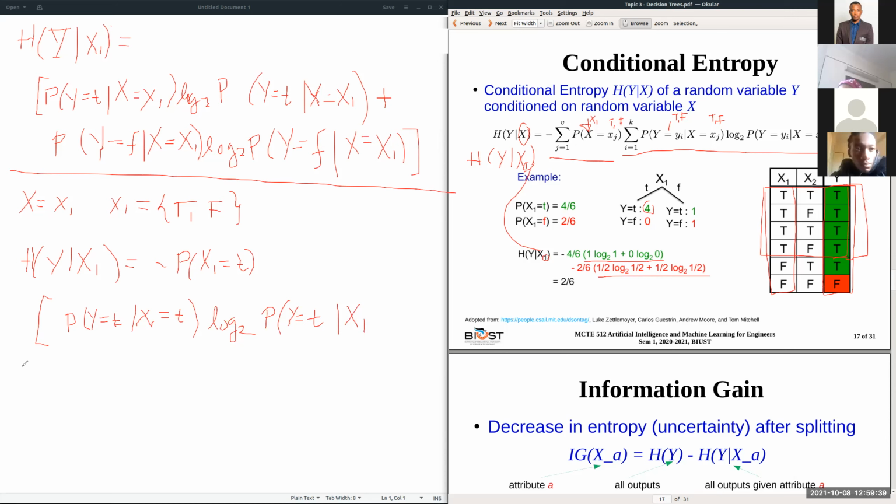And then plus the negative of P, again with X1 equal to false now, and the summation of probability of Y being true given false.